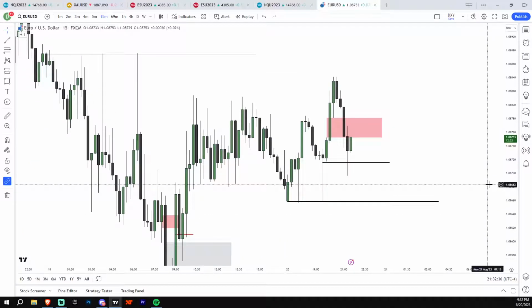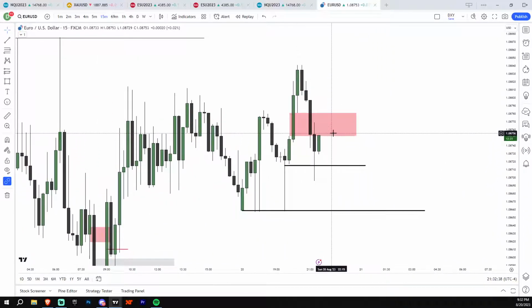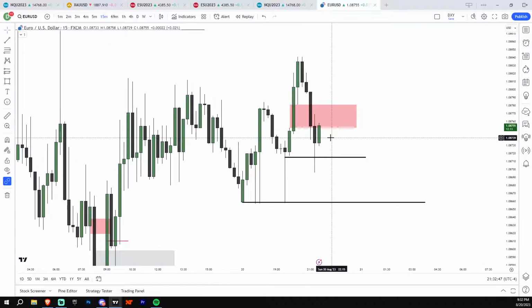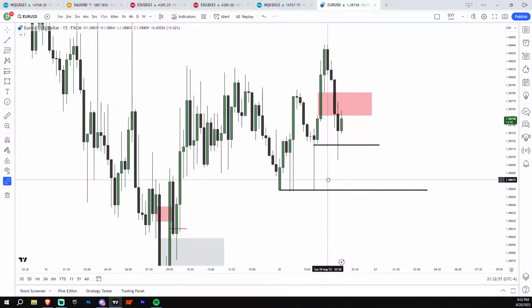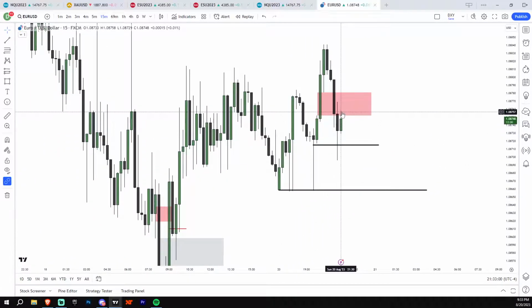But this will also give you more opportunities, because what I've been teaching doesn't always happen. What I've been teaching lately is, don't short if we hit the internal low, which a lot of times is going to happen, where we hit that low and you can't take this. But at the end of the day, if you're very confident the bias is bearish, then yeah, you can still take this if you want.